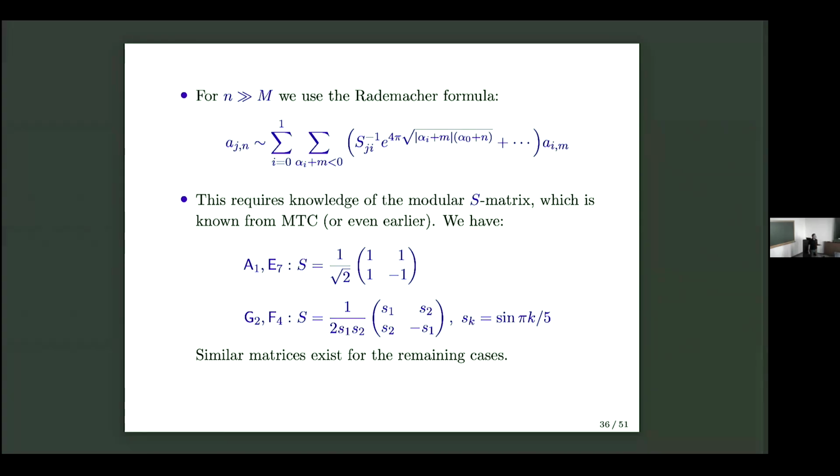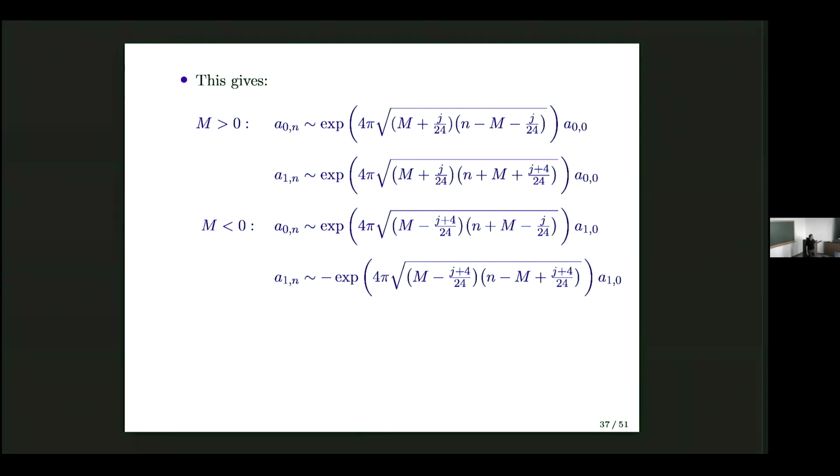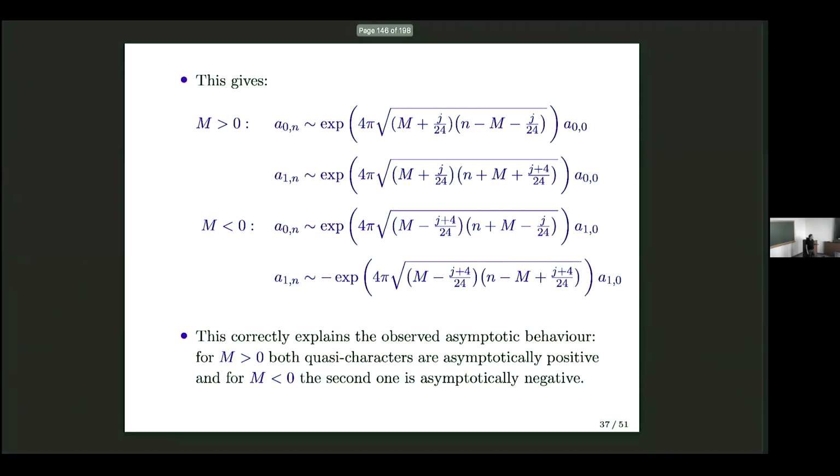And that turns out to be exactly the reason why the coefficients for large n go like plus, plus, plus, and minus of some exponential. So the asymptotic behavior is indeed positive, positive, positive, and in the last case, negative. The non-identity character of m less than 0 is asymptotically negative. So it actually works. This is already in the appendix of my paper with Ramesh.